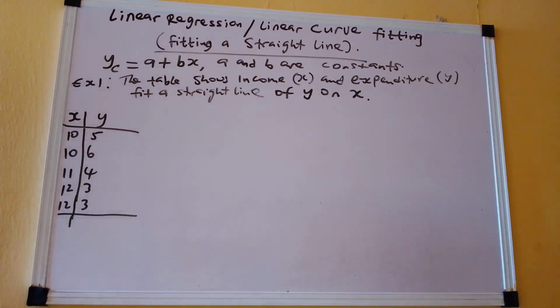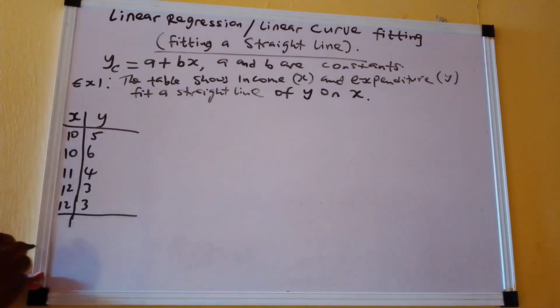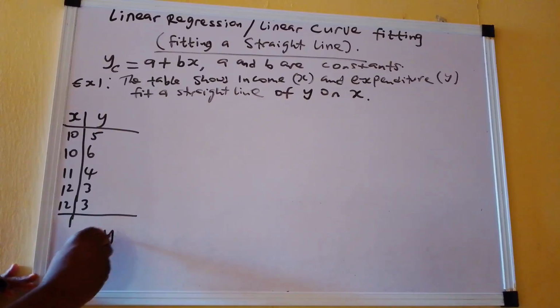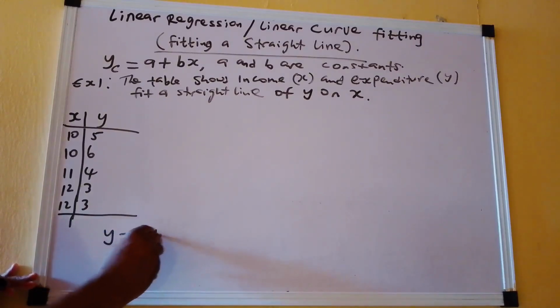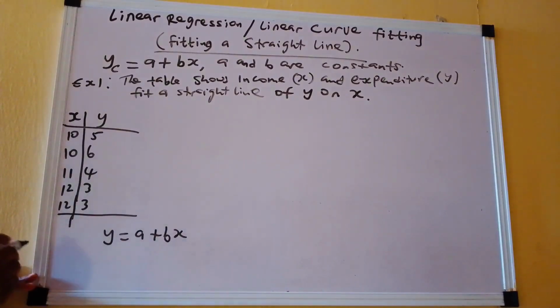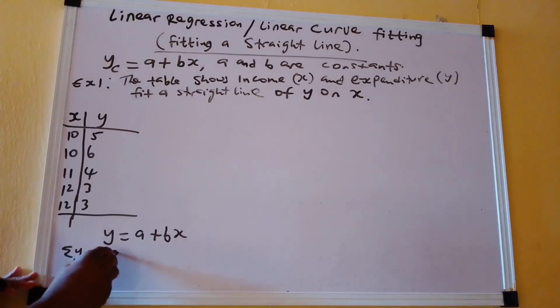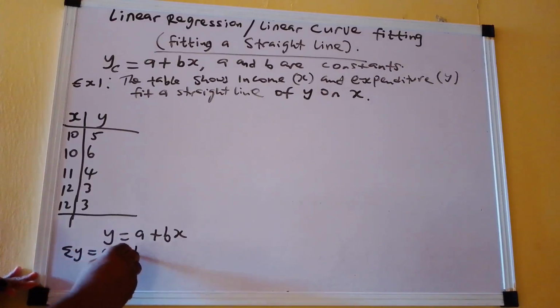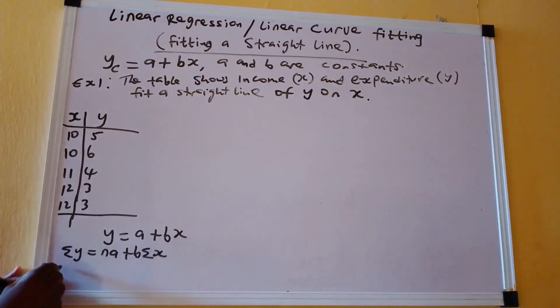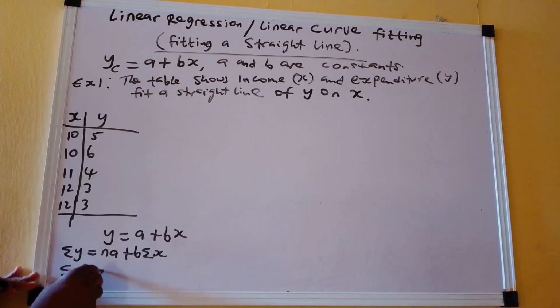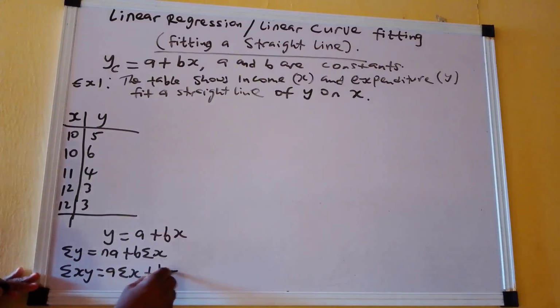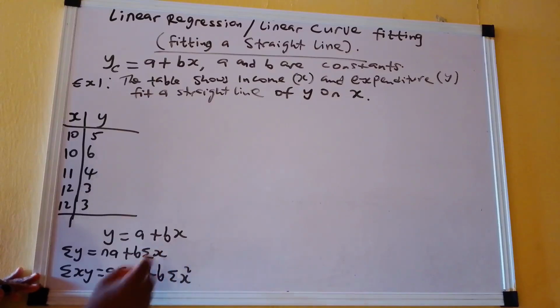Now, what we intend to fit is y equals a plus bx. And this will give us our normal equations: summation y equals na plus b summation x, and summation xy equals a summation x plus b summation x square.